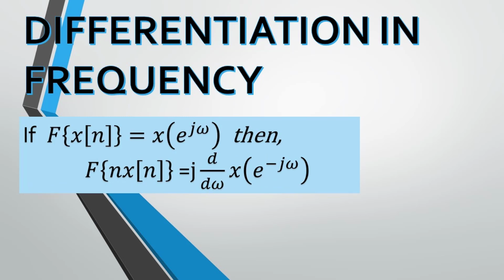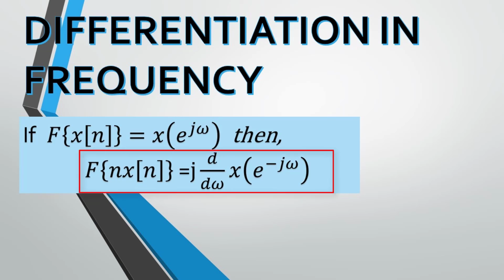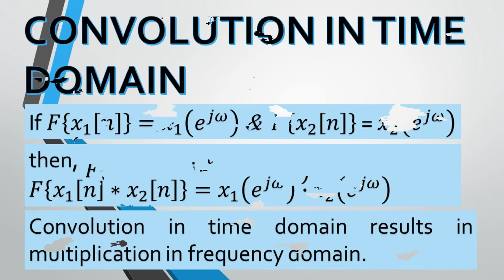If the Fourier transform of x of n is equal to X of e raised to j omega, then the Fourier transform of n x of n is equal to j d by d omega of X quantity e raised to j omega. If the time domain signal is multiplied by n, it results in differentiating the frequency domain signal.